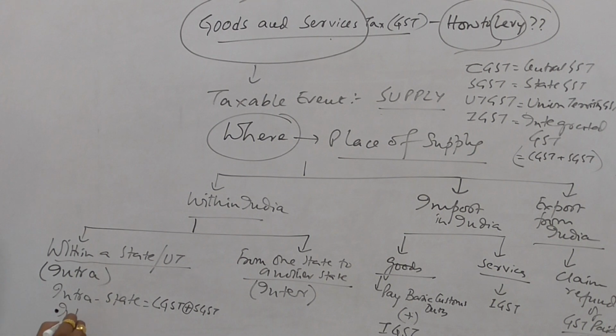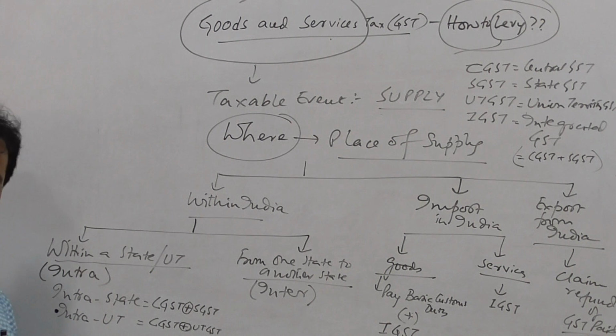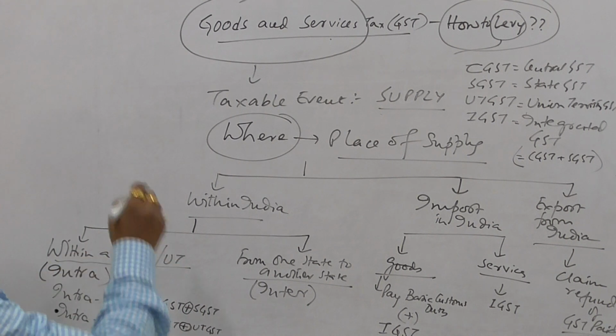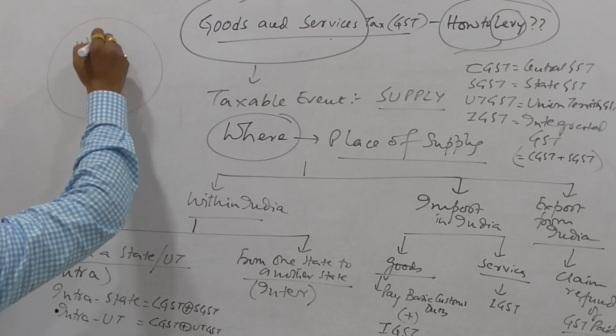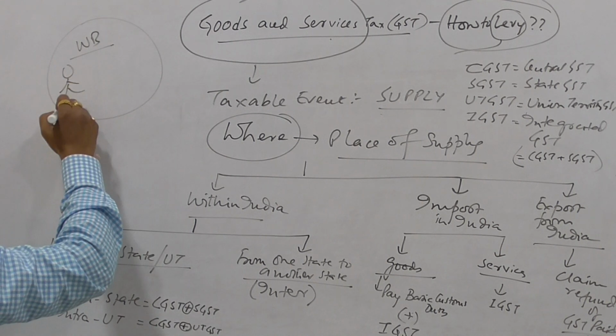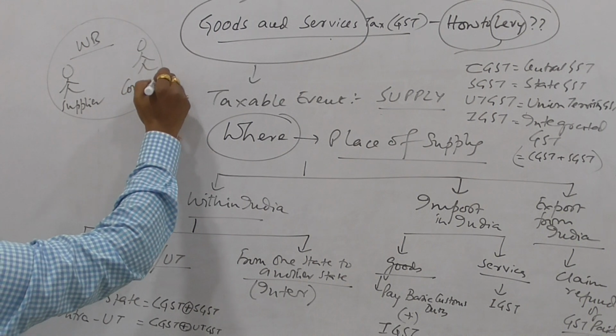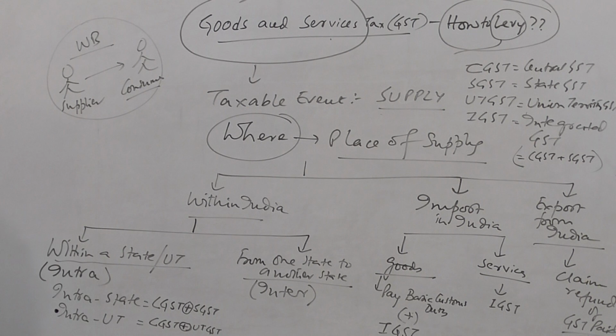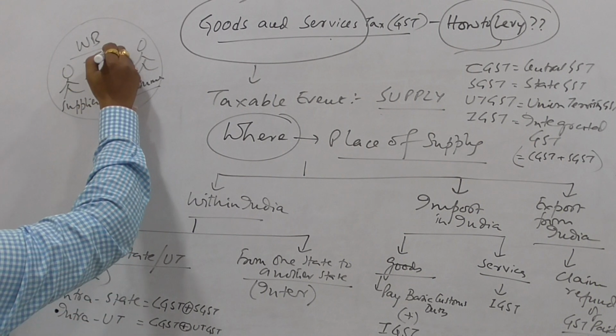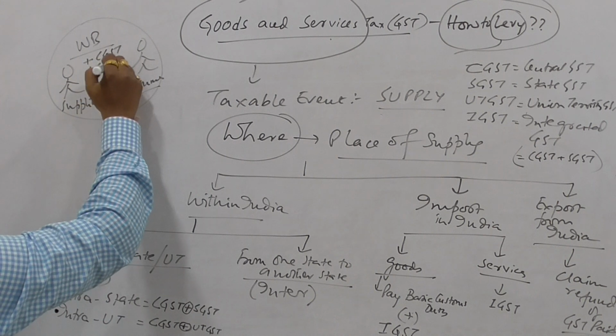If it is intrastate, a very interesting fact, you charge CGST plus SGST. If it is intra-UT, within a union territory, then you charge CGST plus UTGST. What is my point? Within a state or within a union territory, that means if it is West Bengal, he is a supplier and he is a consumer. When he supplies the goods, he will charge CGST plus SGST.